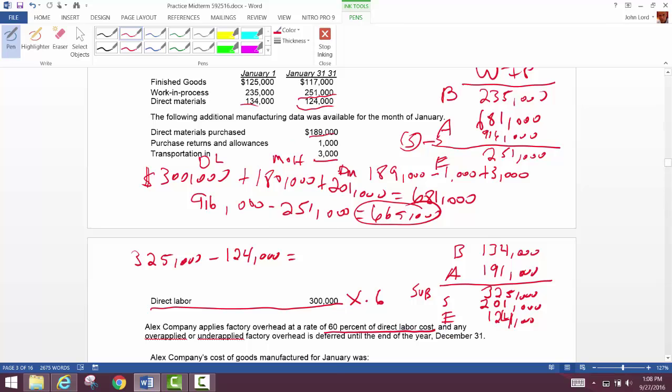So talk to me about what you wanted to do with direct materials again. Add those three up and subtract the purchase returns and transportation. Would that not give you the same answer? I don't think so. I'm not quite sure I'm understanding what you're saying here. You want to come up and show me what you wanted to do? Go ahead and show me what you're thinking you would do here, because I'm not following you.